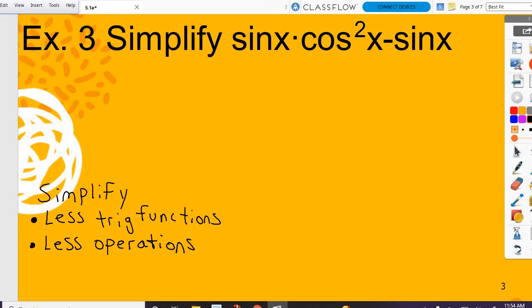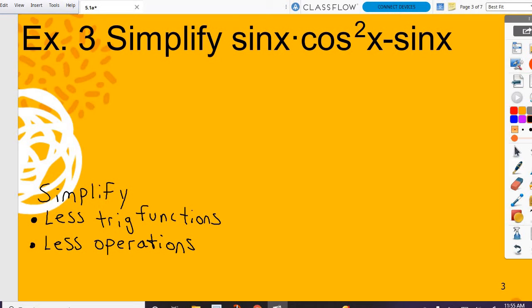But different problems are going to have slightly different steps, so that involves practicing them. The more you practice, the better you get at seeing the different patterns and recognizing which trig identity you want to use. Are we all with me?